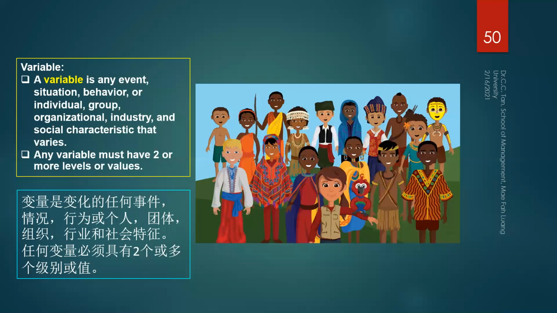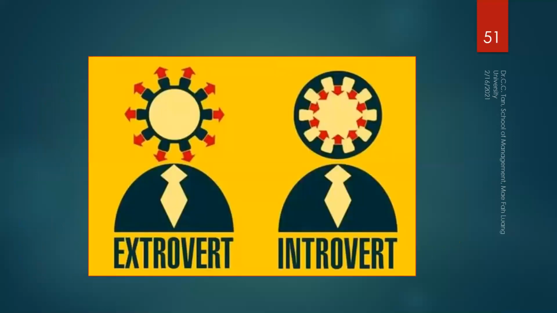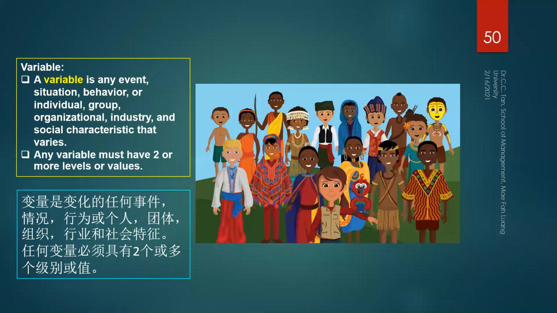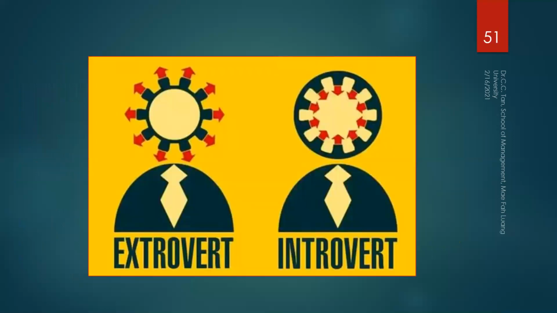Okay, so now I will give you another example on variables. We have already studied what a variable is. To get a good understanding of a variable, for example, the personalities of people, you have to do a lot of literature review.